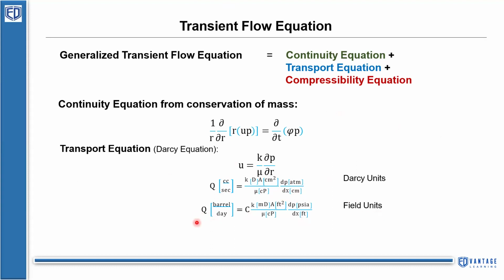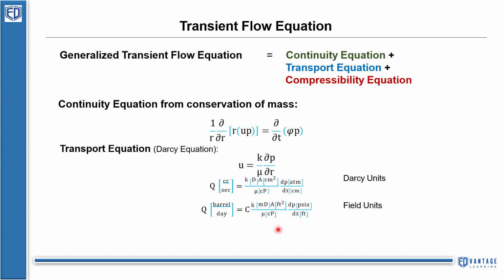Similarly, in field units, this Q in barrel per day will be a constant that is derived from your Darcy unit system times K in millidarcy, area in feet square, viscosity in centipoise, dP in psia, and dx in feet. So this is something that we need to understand to look at the transient flow equation.